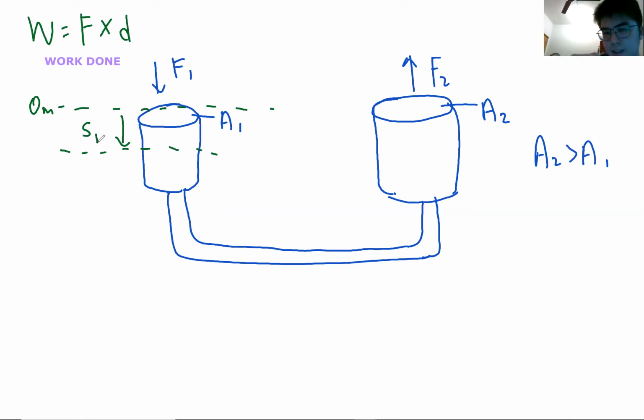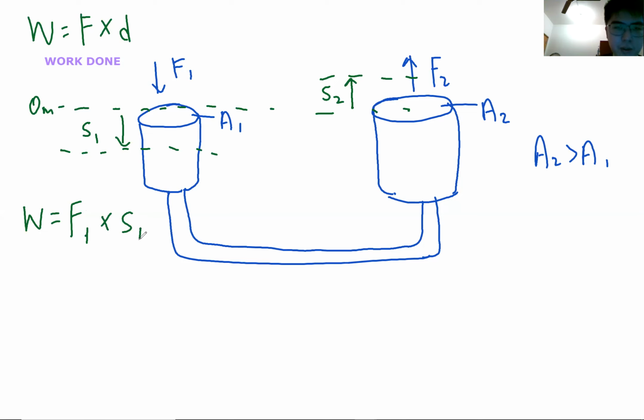Okay, it moves a certain distance down, and the other side, the larger piston, at the same time moves a certain distance up, right? We label it as S2. Okay, so the work done on piston 1 is calculated by W equals F1 times S1, right? F1 times S1.